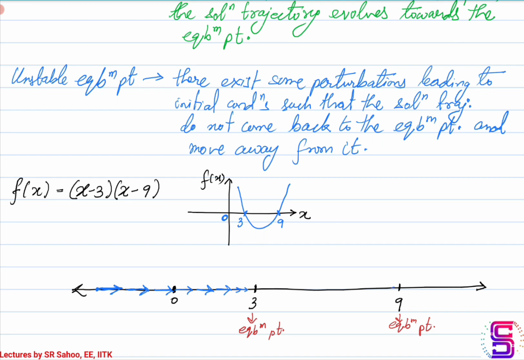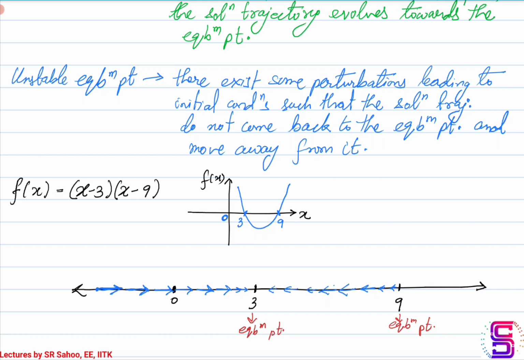Here the arrows would be small. Of course, at 9 the arrow length is 0, because 9 is an equilibrium point. So the magnitude increases, and then again drops as it moves towards 3.